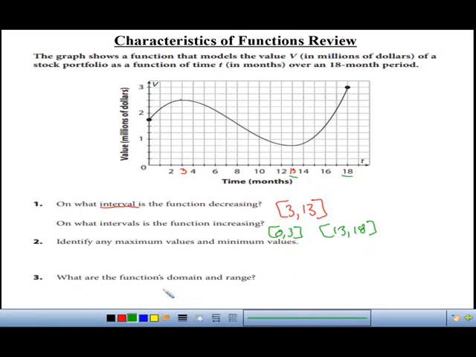So look up to the screen really quick. From here on, we're going to start looking at functions which are quadratic functions, cubic functions, which are going to have curves on them. So whenever you have a parabola that looks like this and there's a low point, that's our minimum.